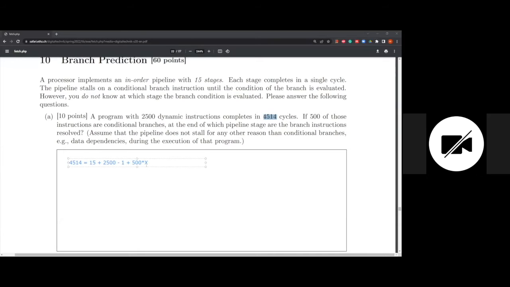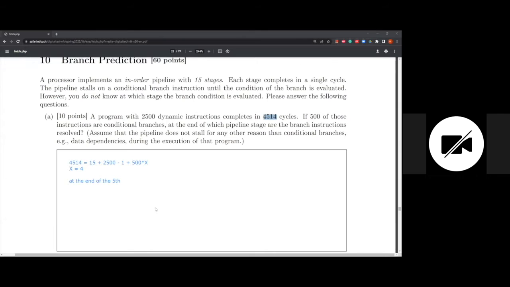When you do the math, X should be equal to 4. According to this equation, 4 is the number of bubbles. Be careful: the question asks at the end of which pipeline stage the branch instructions are resolved, and the answer should be the end of the 5th stage, because it introduces 4 bubbles.